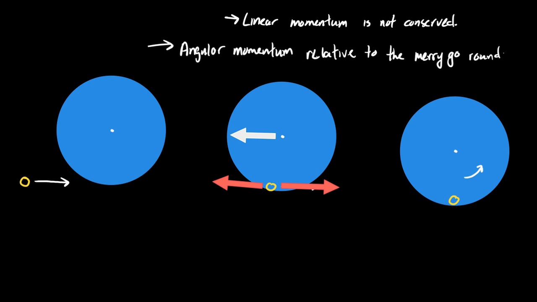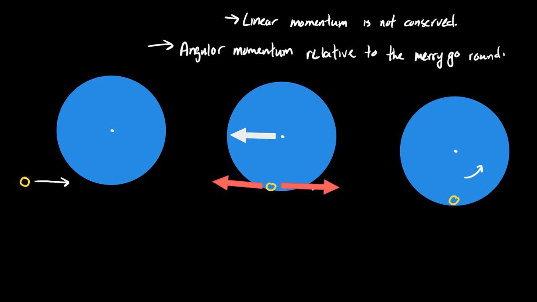These are two statements that you need to appreciate. They're not necessarily directly related. I mean, obviously, I'm telling you from the beginning that linear momentum is not going to be conserved because there's an external force. But the kid also has angular momentum relative to the merry-go-round.